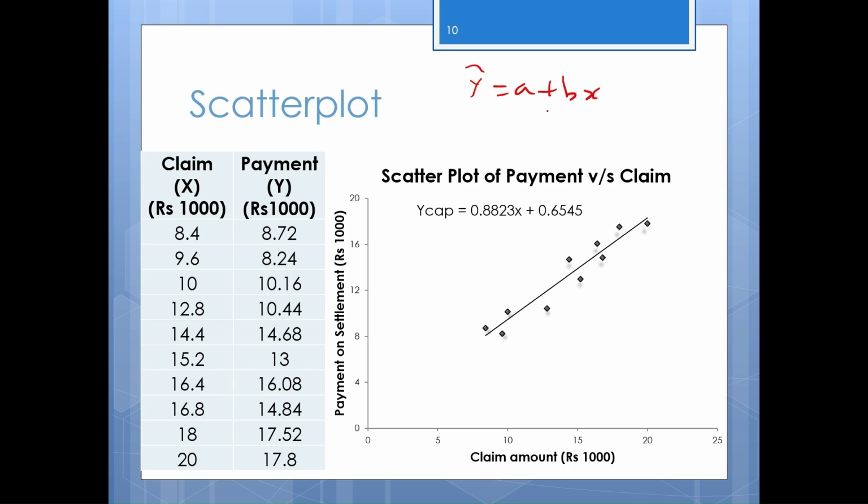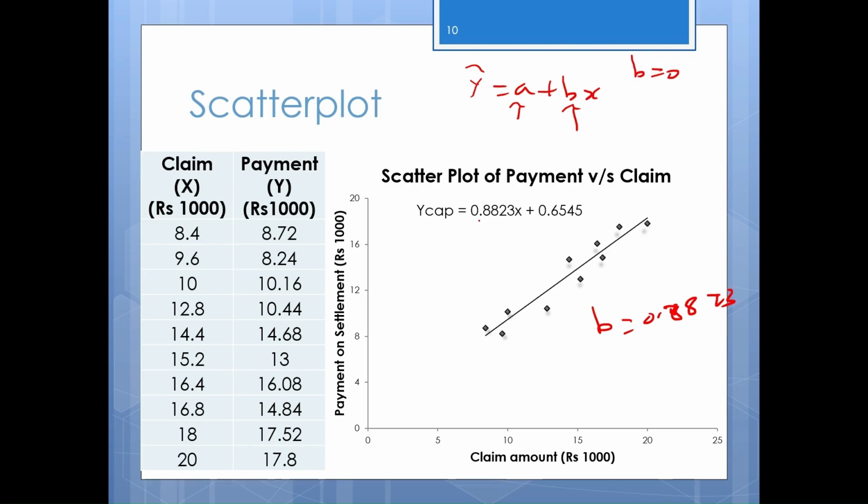Now, we are generally not that interested in this intercept as much as we are interested in the regression coefficient b. Why? Because if this b is equal to 0 in the sample, that would mean that our line is flat in the sample, indicating that our points revolve around this line and there is no linear relationship. There is no relationship between payment and claim. But in my context, this is not the case. We observe that b is equal to 0.8823, right?